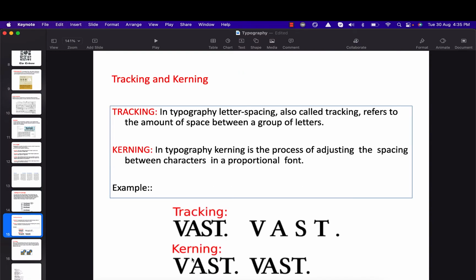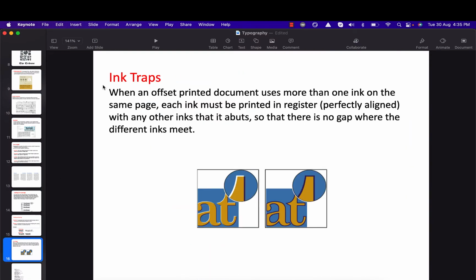Next, after tracking and kerning, we have ink traps. Never use this type of border with white edges, because it will never print. This tip is related to printing.